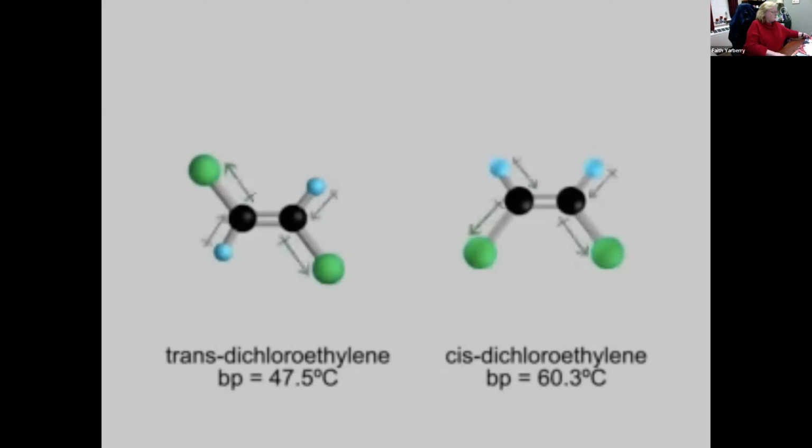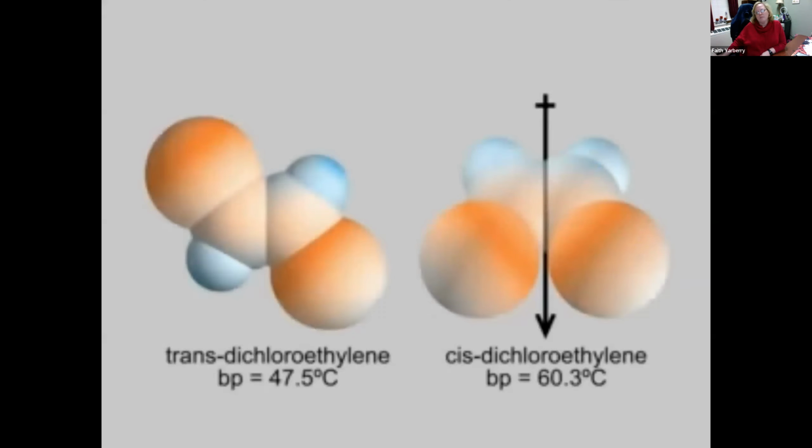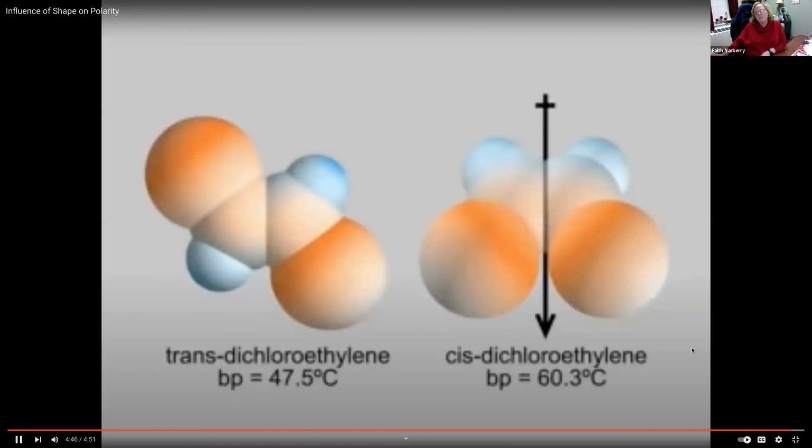Yet, the trans compound is nonpolar because the carbon-chlorine bond polarities cancel each other, while the cis compound is highly polar because they reinforce each other. Since greater polarity leads to stronger attractions among the molecules, the cis compound boils over 18 degrees higher than the trans compound.